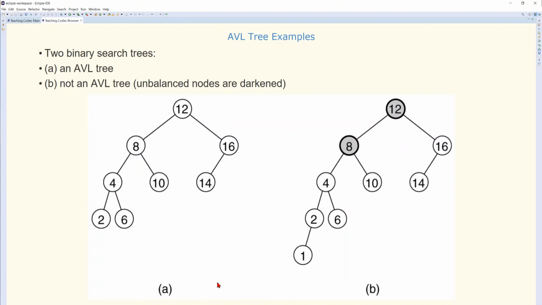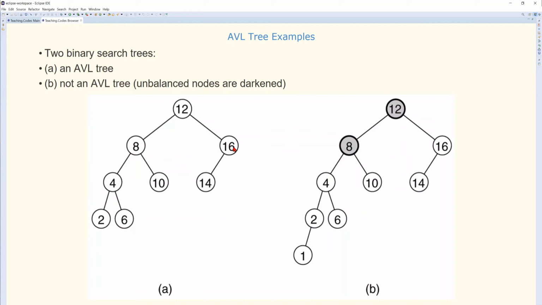Because we appear to have more nodes to the left. However, if you look at the balance factors, there are no nodes here that have balance factors greater than 1 or less than -1. They're all 1, 0, and -1.